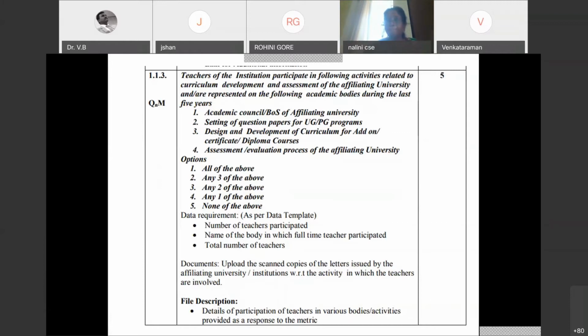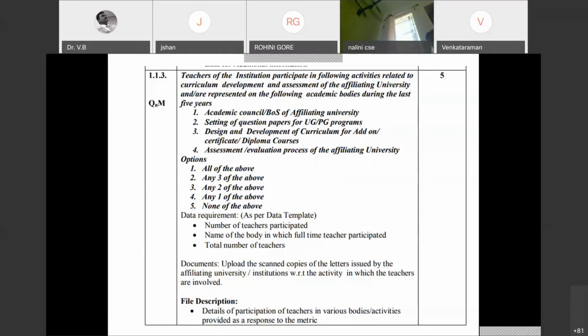So in here, the quantitative answer means, the first body is the academic council or the board of studies of the affiliating university. Now if I am saying yes, my people are there in the academic council, it means the answer I am giving is for an affiliated college.